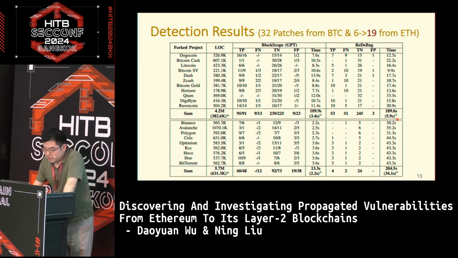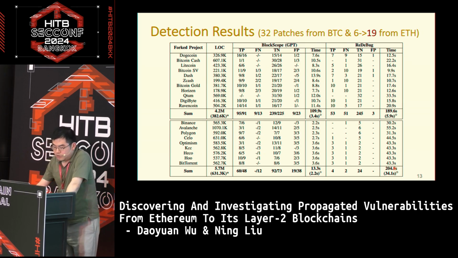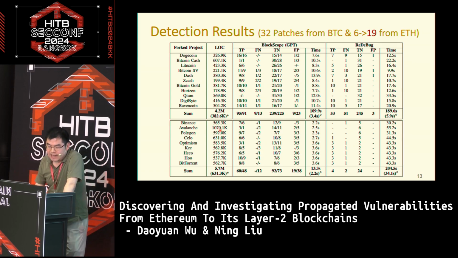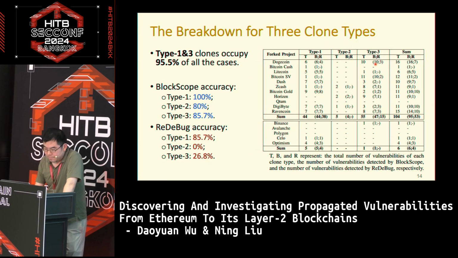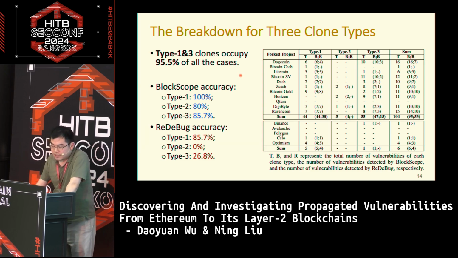It almost multiplies by 6 times. That means once the source code to be analyzed is very large, ReDeBug takes much more time. Here we also break down our analysis of the results.